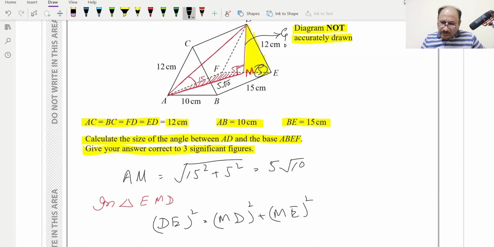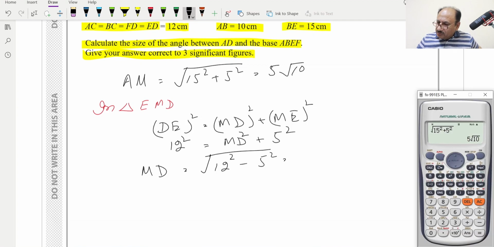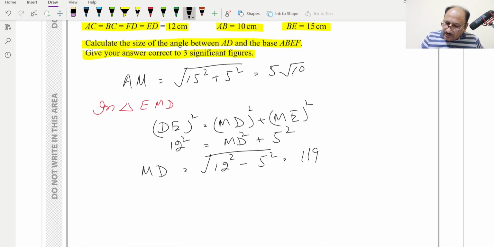So DE is 12, so we can write here 12 square is equal to MD squared plus 5 squared, and now we can simplify. MD will be equal to the square root of 12 squared minus 5 squared, and this is equal to root 119.